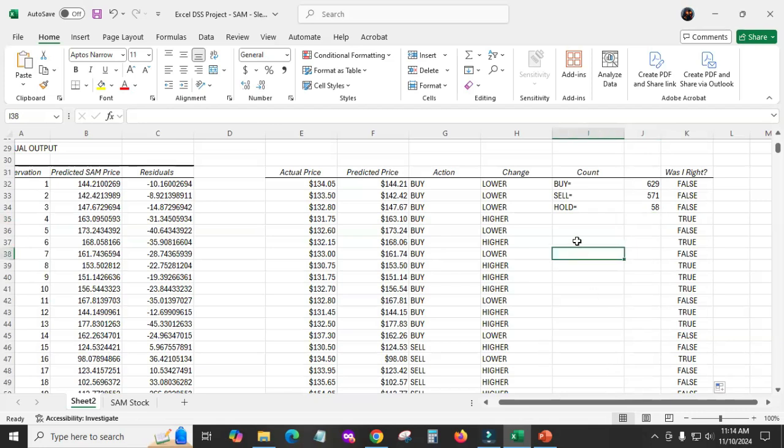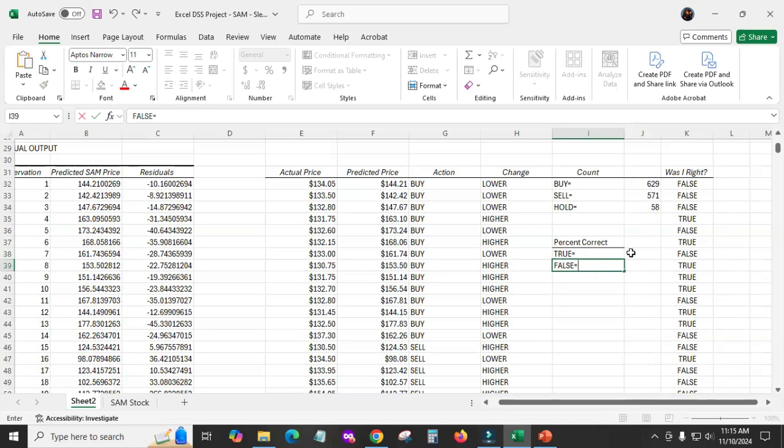So anywhere underneath this count, let's shoot for I37. Let's type in the word percent correct and underline it. And we will type in true equals, false equals.